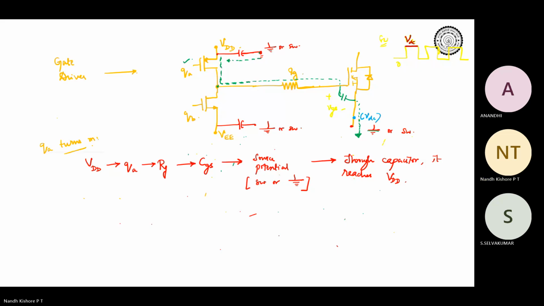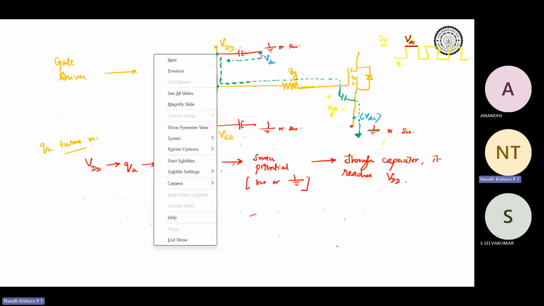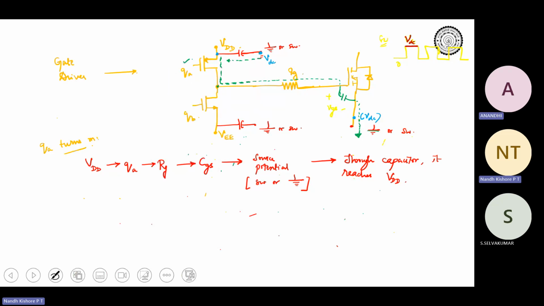Now on this side you are having VDD, and on this side you are having VDC, because this capacitor is also connected between VDD and the switching node.